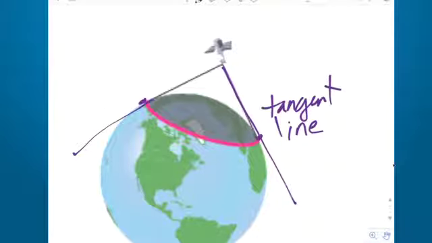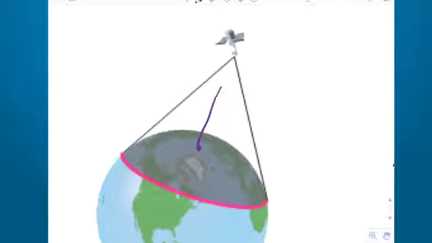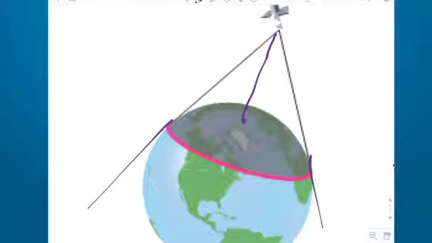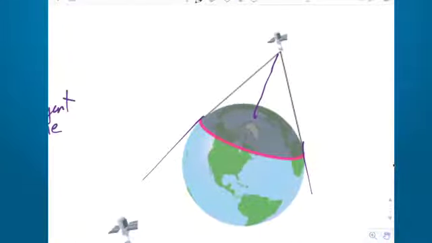Now, we can measure the height of the satellite above the surface of the Earth by some amount, okay? If the satellite then goes higher above the surface of the Earth, it extends these tangent lines out further, does it not? And therefore, the yarmulke gets bigger. And now we can, quote-unquote, see more of the Earth.